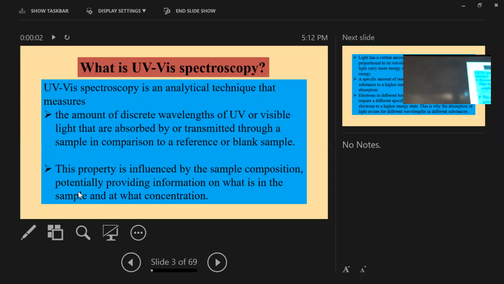Because it has very high thickness, and also the material of this substance and this substance is quite different. Therefore, the property is influenced by the sample composition. This material has high absorption, and this one has a little less absorption, so it can transmit some of the light.